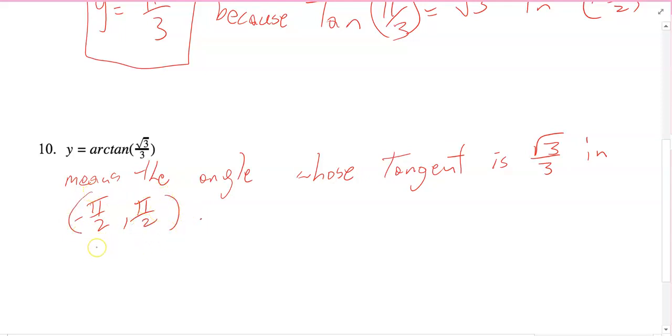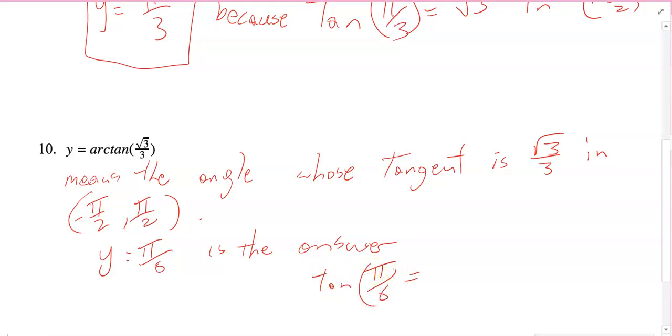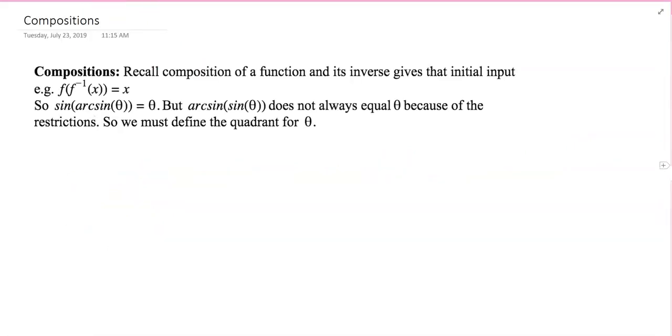And the answer to this one is pi over 6. So y is equal to pi over 6 is the answer here, because the tan of pi over 6 is equal to radical 3 over 3 in the interval negative pi over 2 to pi over 2. That's the only answer.